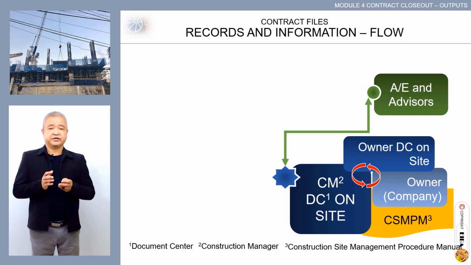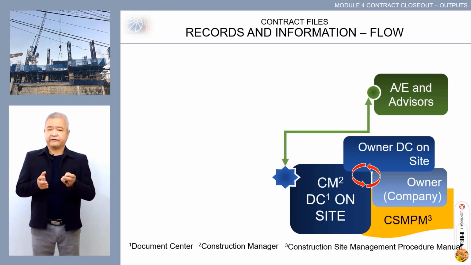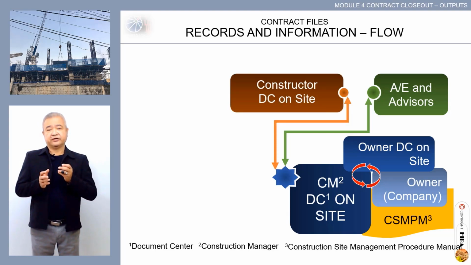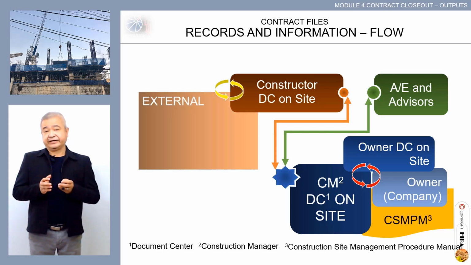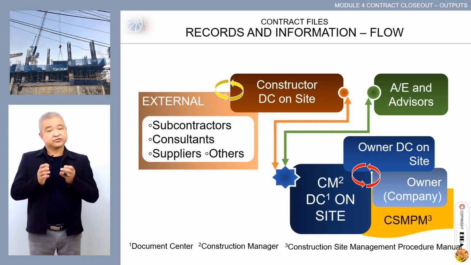The architects, engineers, and advisor move records and information to and from the CMDC on site. Constructor has a document center on site. The constructor DC receives and transmits to CMDC on site. Constructor's DC on site interfaces with external entities like subcontractors, consultants, suppliers, and others.